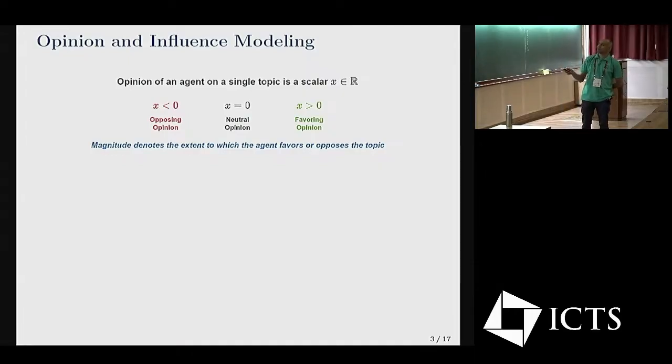Very broadly, you can think of them like this: if x is equal to 0, then it's a neutral opinion. If x is negative, it's an opposing opinion, and x positive means a favorable opinion. And the magnitude indicates the magnitude with which these opinions are held.